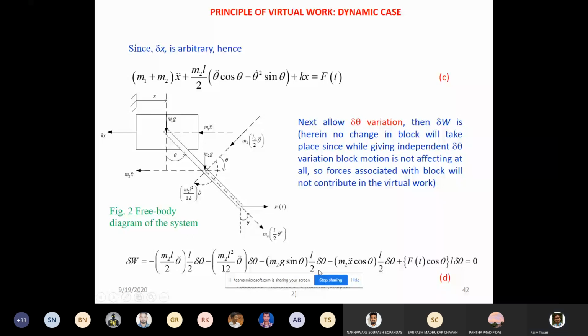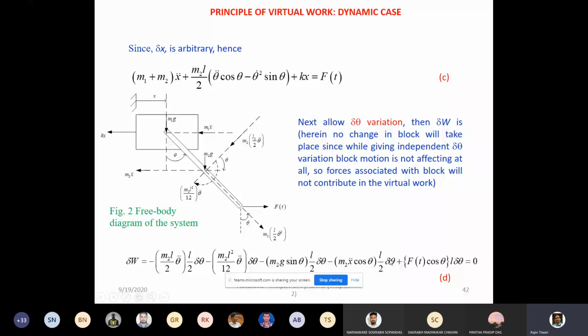Similarly, the inertia force of the pendulum is acting in the horizontal direction. Component of that in the tangential direction will be with cos theta, and this is the displacement due to the virtual displacement delta theta.